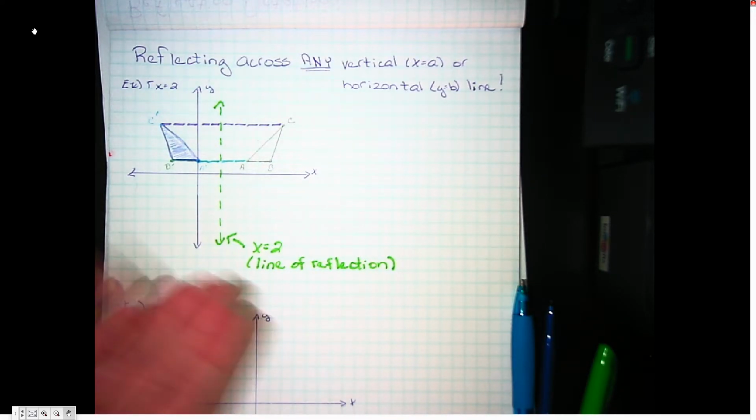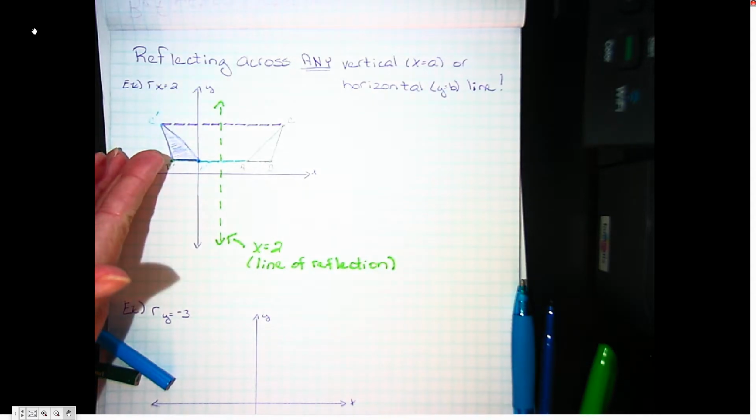This one was just flipped over the line onto the other side.